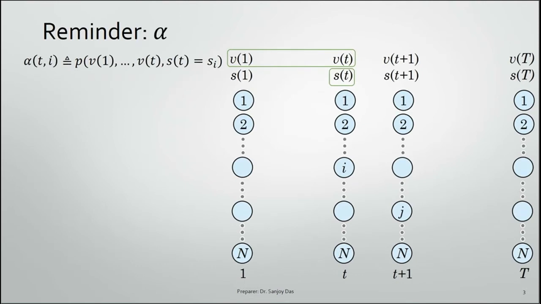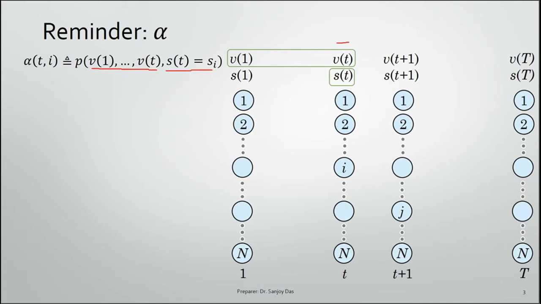When we were looking at the forward algorithm, we saw the variable alpha, which was defined as alpha t i equals the probability of the output sequence until time step t and the state at time t equals Si.